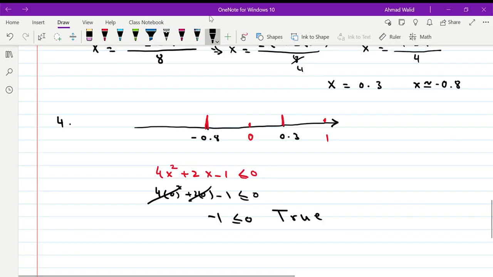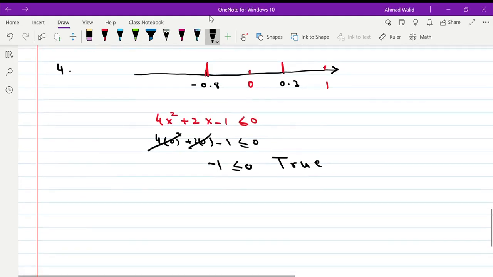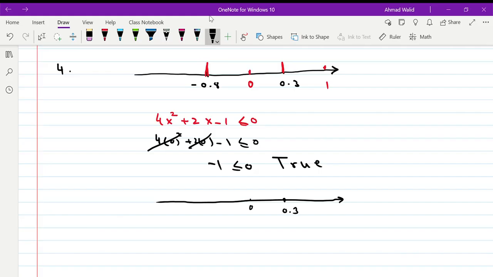If I show it on another number line, I want to draw another number line for you. Here was your 0.3. Here my test point 0, and here you had negative 0.8. These were your boundaries. Here you have infinity, here you have negative infinity.